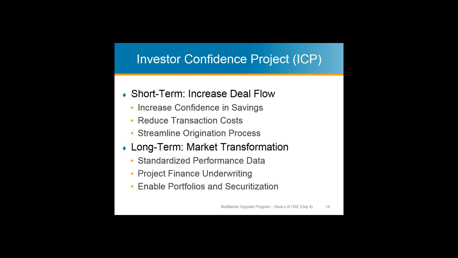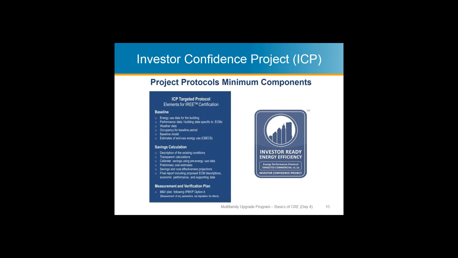This would enable portfolios and subsequent securitization of these type of projects, sort of a secondary market type financing option to help investors, to help owners make more money and more sense of this in the high finance market.